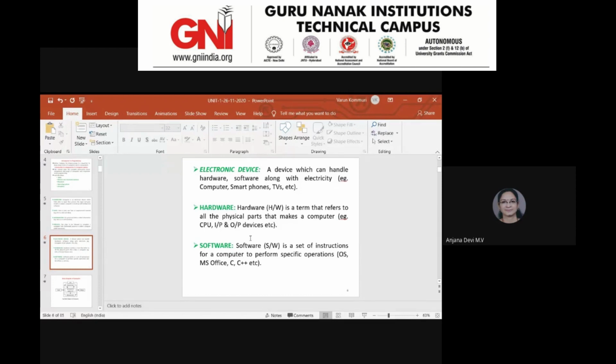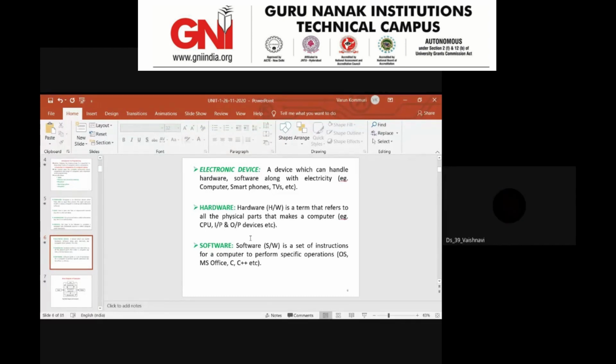Now coming to the next one: hardware. What is hardware? Physical components of a computer, or physical parts of the computer, are hardware. What are the examples of hardware? CPU, input devices and output devices. What are the input devices here?